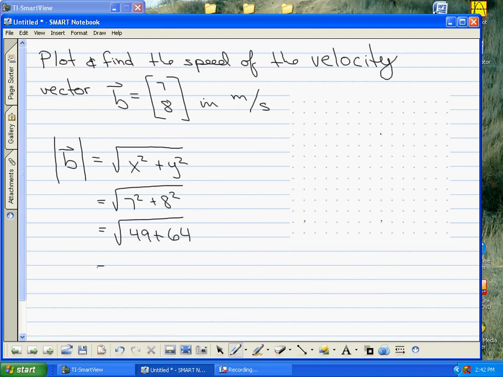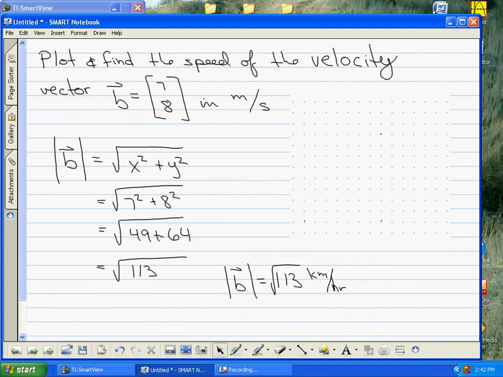If I simplify this, 49 plus 64 is equal to 113. So I could say that the magnitude of vector B is equal to 113 kilometers per hour. Correction, the square root of 113 kilometers per hour.